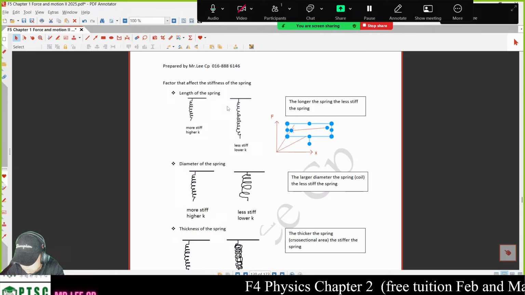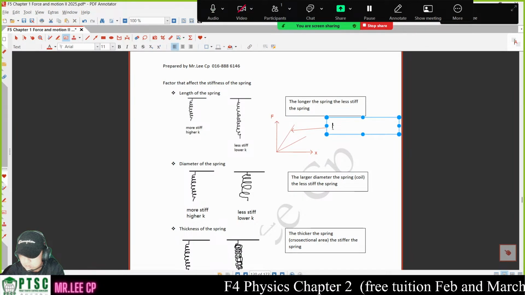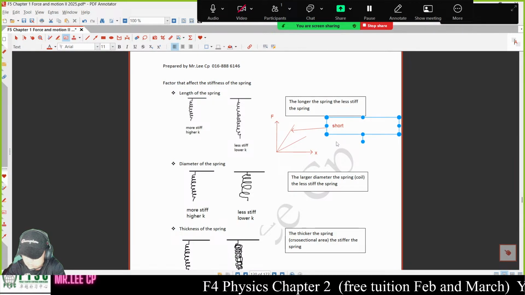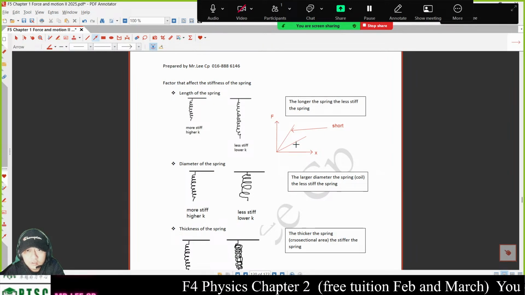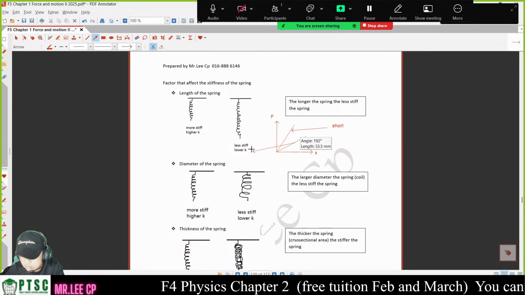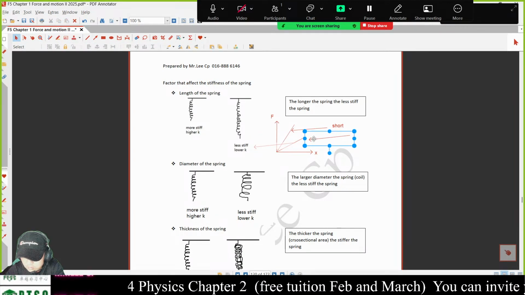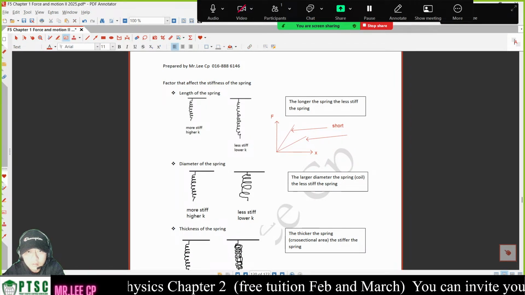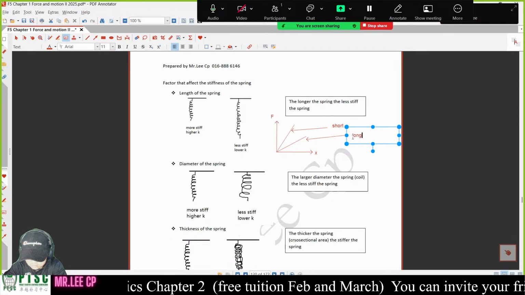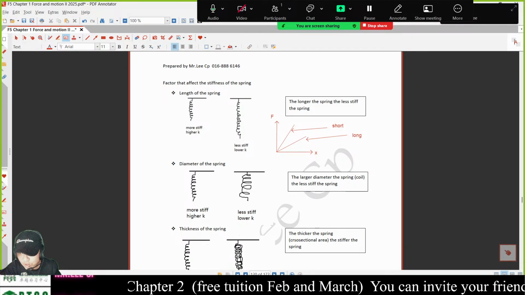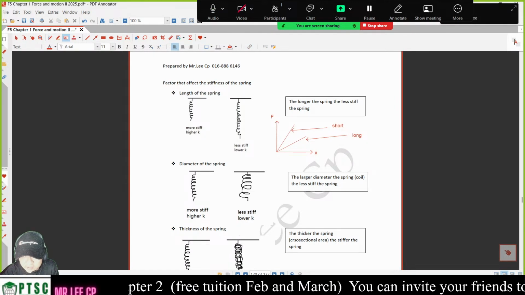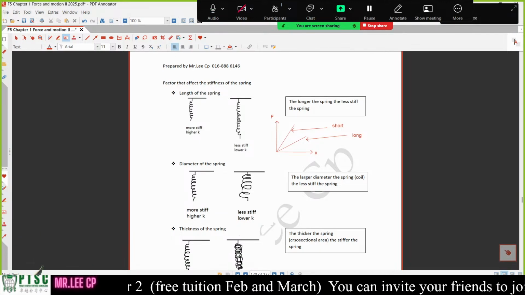I put it here, short. So this one will be long. The spring is long, so it is less stiff. So short, the gradient high, more stiff.